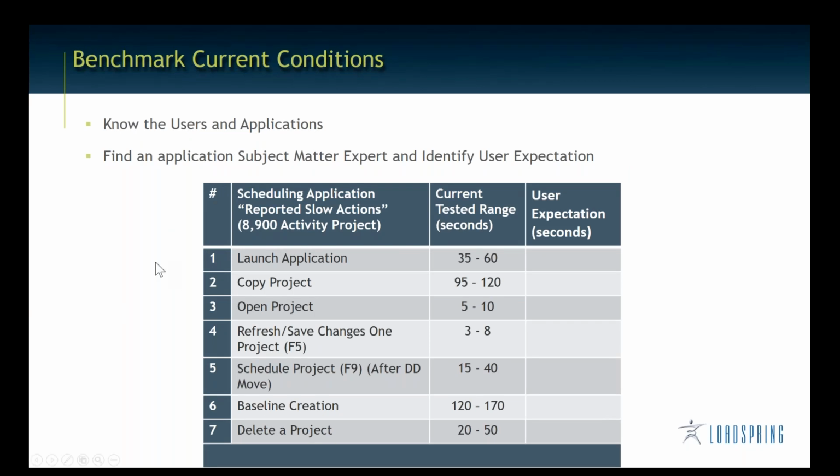Now going to talk about how do we benchmark current conditions. This is such a key process, one of the most important ones to helping define user performance in the cloud.